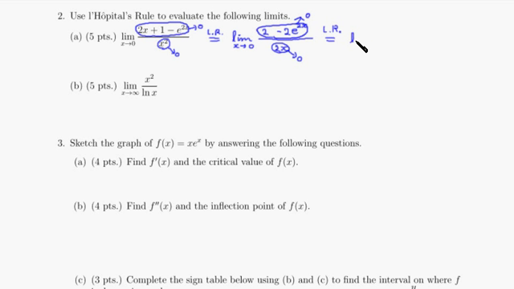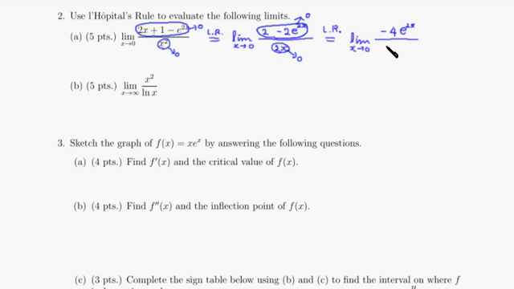So you have a limit as x approaches 0. The derivative of 2 is 0. And the derivative of negative 2e to the 2x would be negative e to the 2x multiplied by 2, but 2 is already there, so it's going to be 4 on top.